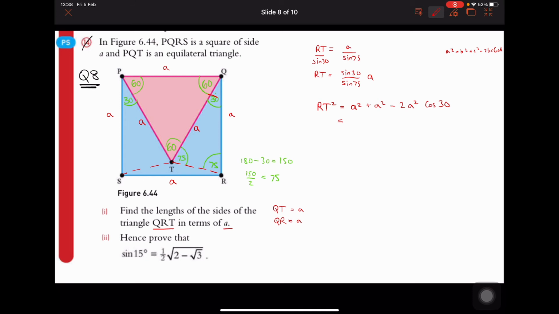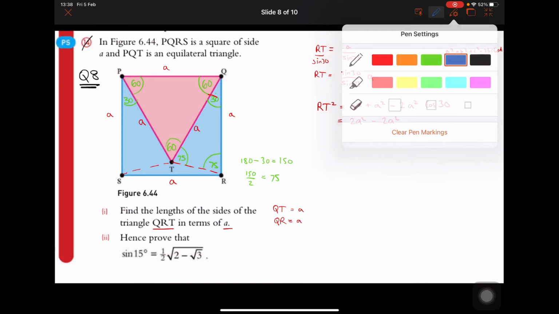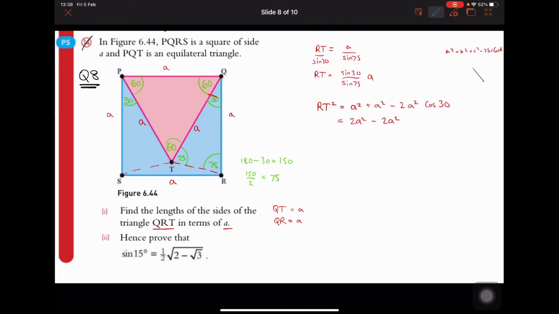So this equals 2A squared, take away 2A squared cos 30. So let's draw our triangle. 2, 2, 1, 1. This is root 3.